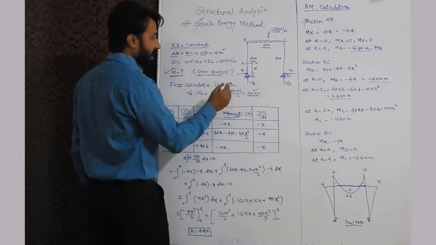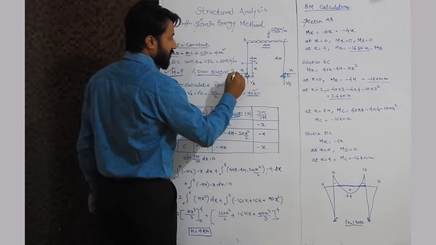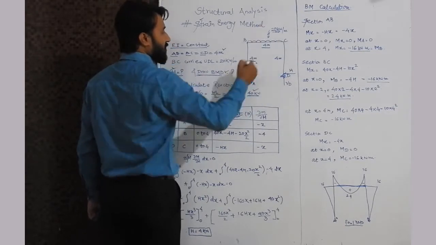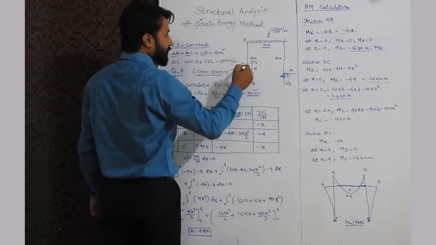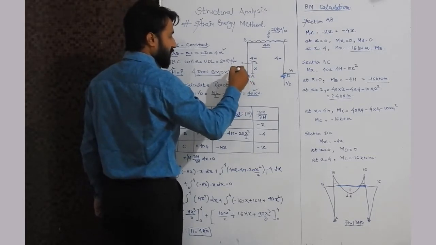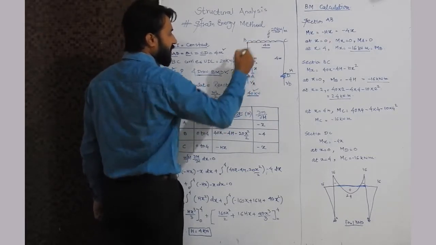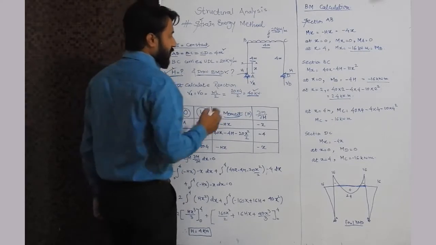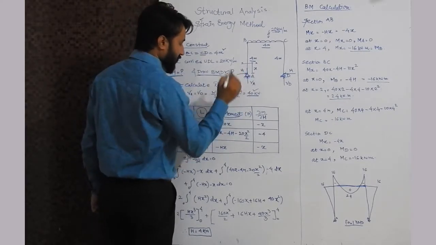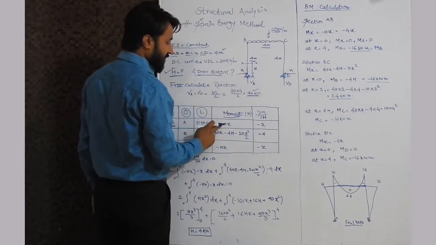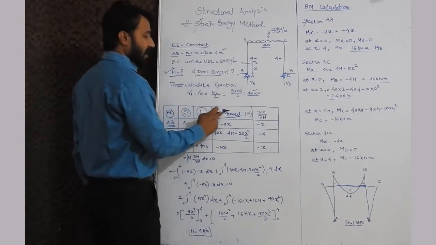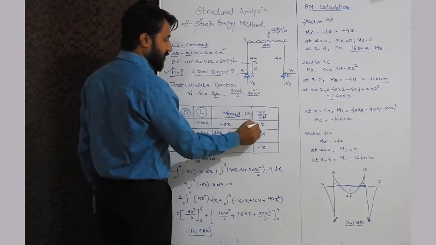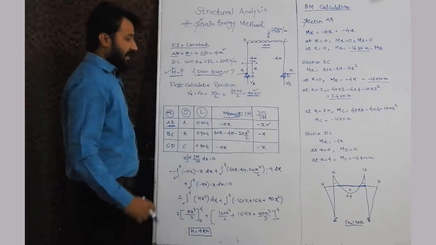Only one moment will act, this H. This H is rotating in the anti-clockwise direction at a distance of x. So the moment will be minus H into x. If you differentiate this with respect to H, the remaining value will be minus x.